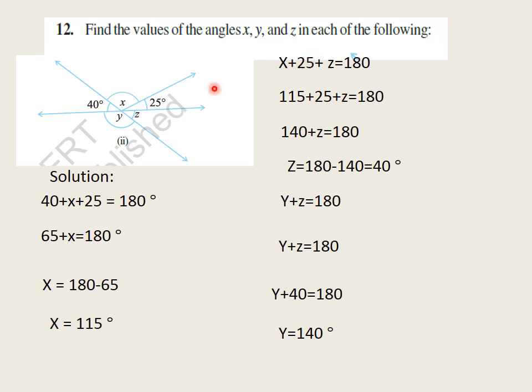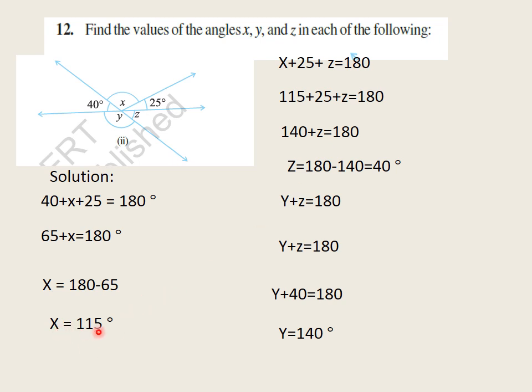Now, how do you find the remaining two? Look at the diagram, x plus 25 plus z. Again it is forming this line, so x plus 25 plus z is equal to 180 degrees.